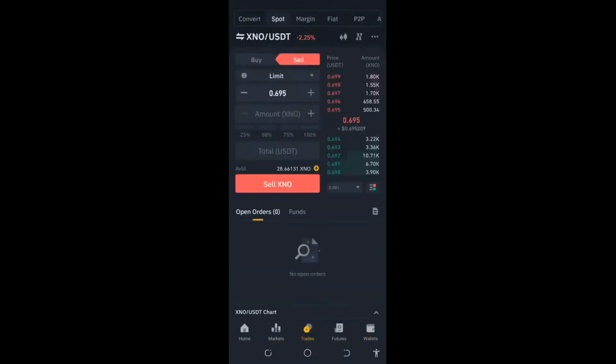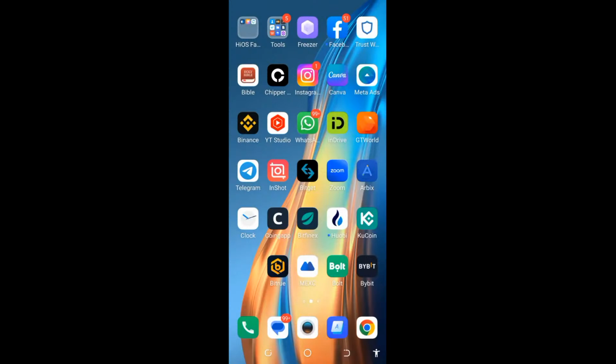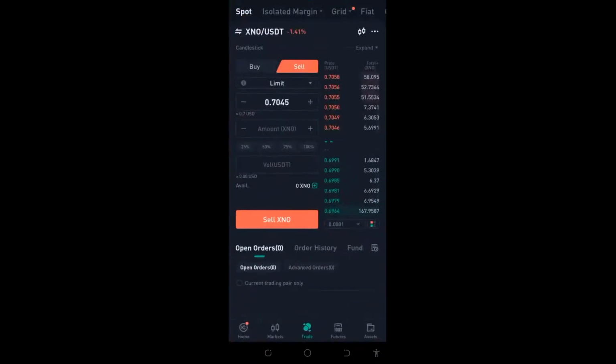We're going to KuCoin. Let's click on KuCoin. What's going on here? I can see that the price is going down, but no problems. We are already here, so let's go ahead and send it over. Most likely we're going to have to do a sell limit.